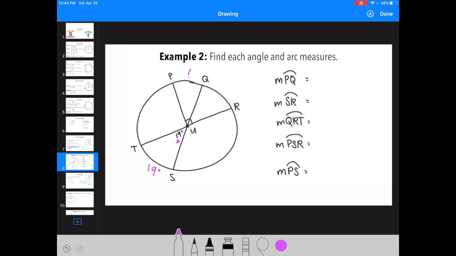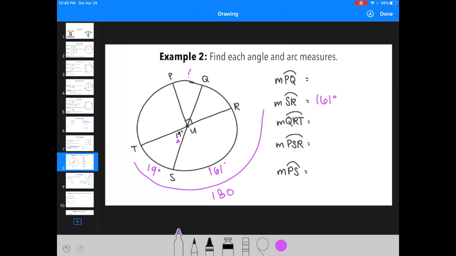So what is the arc measurement of RST? Well, that whole arc is 180 degrees. So if I were wanting to find RS, I could take 180 minus 19, giving me 161. Is that one of our things we needed to find? Yes, we need to find SR. So SR is 161.